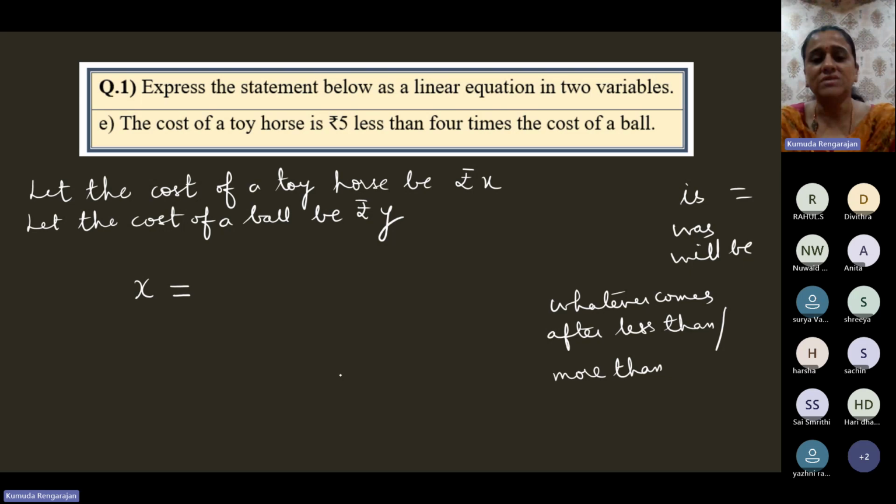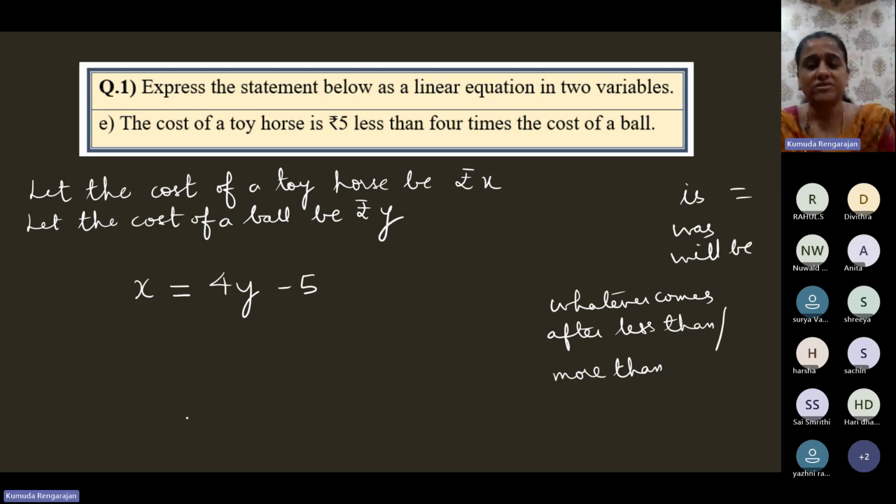So what comes after less than? 4 times the cost of a ball. The cost of a ball is Y, so 4 times the cost of a ball is 4Y. Now put minus 5. If it's 5 more than, then it will be plus 5. 5 less than, so minus 5.